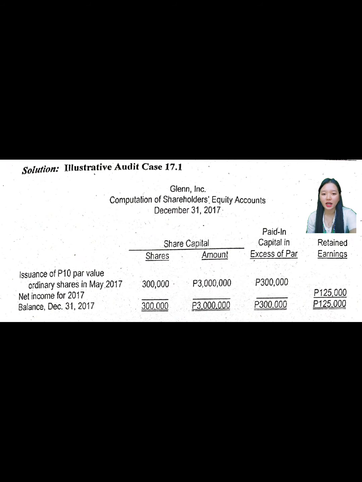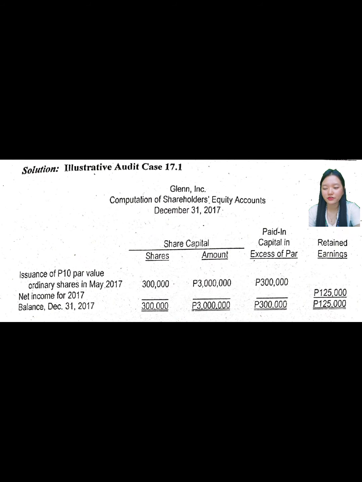In our share capital, our shares is 300,000 and it is amounting to 3,000,000 pesos. In our paid in capital in excess of par, we have 300,000 pesos. And our net income for 2017, in our retained earnings, we have 125,000 pesos.